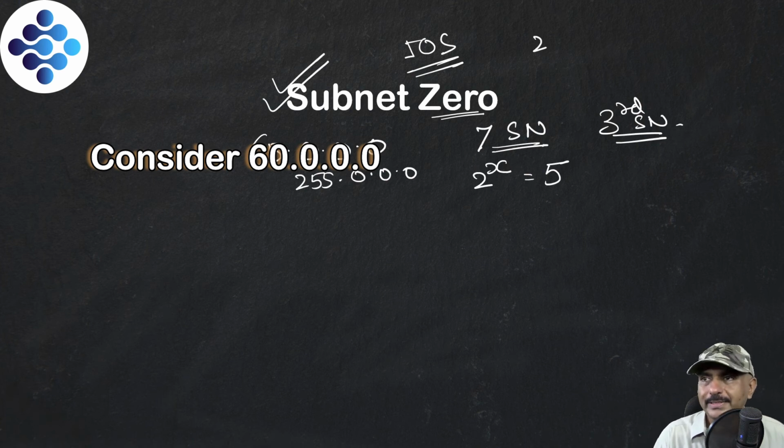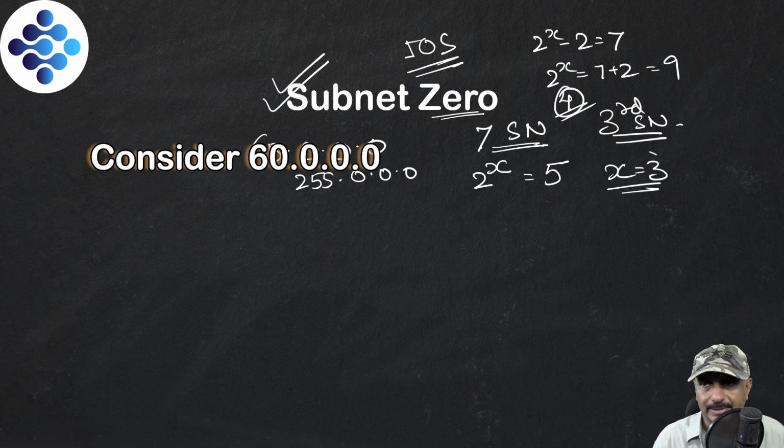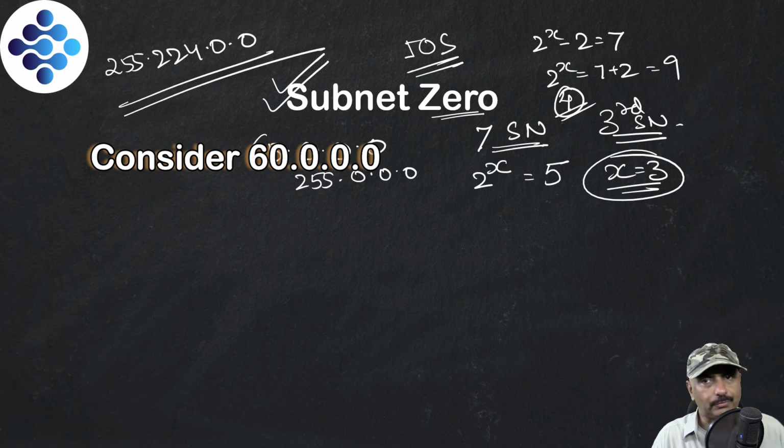By the previous calculation, 2 raised to x minus 2 is equal to 7, so we'd do 7 plus 2, 9. In that case 4 bits are to be borrowed. But over here we just have to borrow 3 bits, correct? When we borrow 3 bits, we know immediately that our subnet mask would be 255.224.0.0. Okay, so far so good.